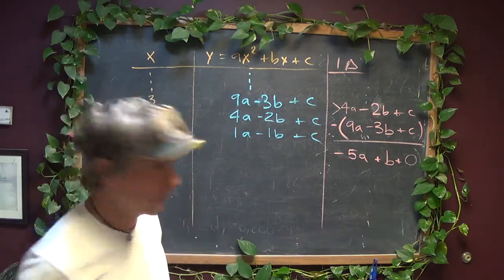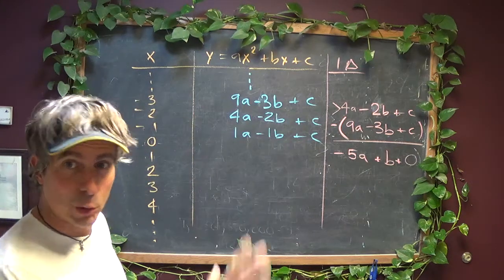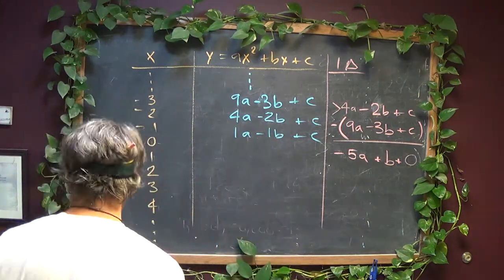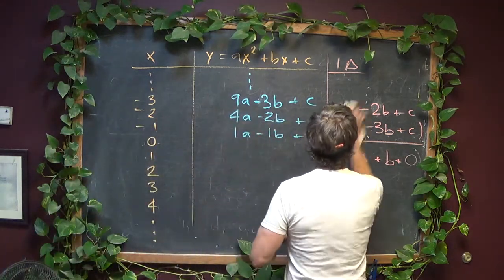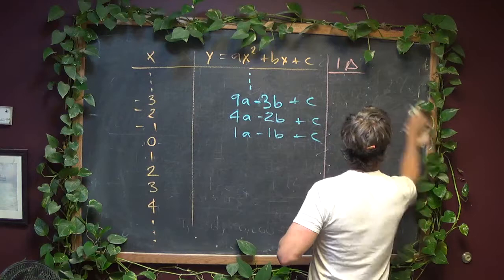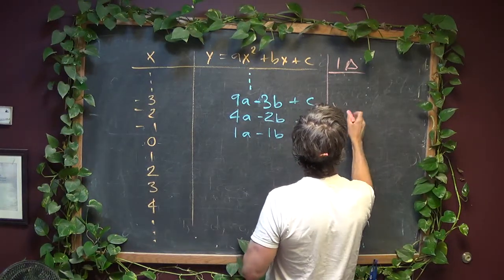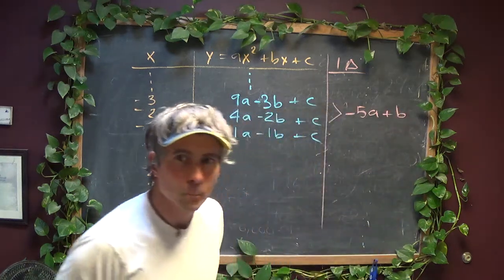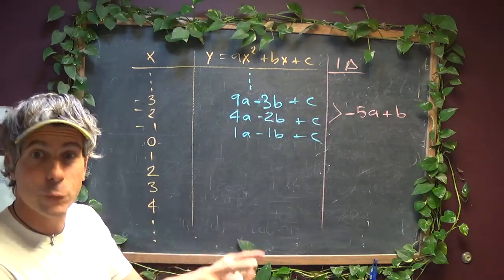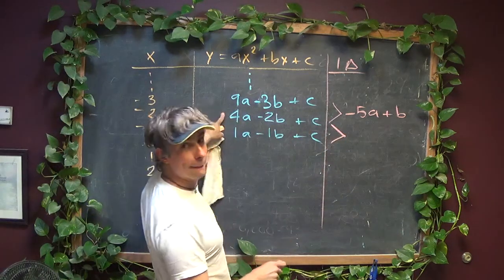See, the c's cancel. So I'm going to erase all that work, put that up there, and then show you the next one. Okay, so the first difference here, -5a plus b.